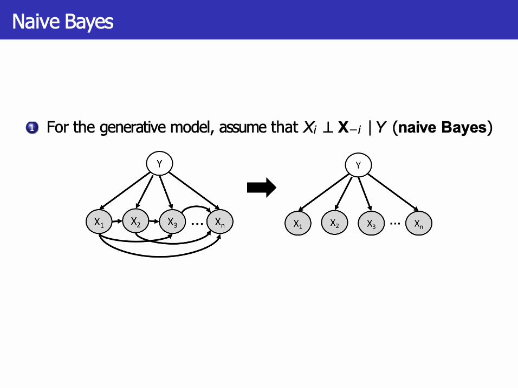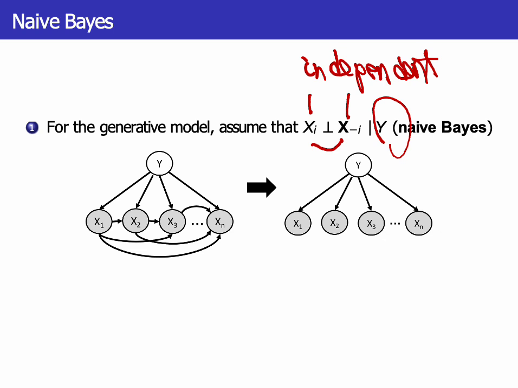So naive Bayes models for generative models assume x_i given y is independent. And this becomes a Bayes model.